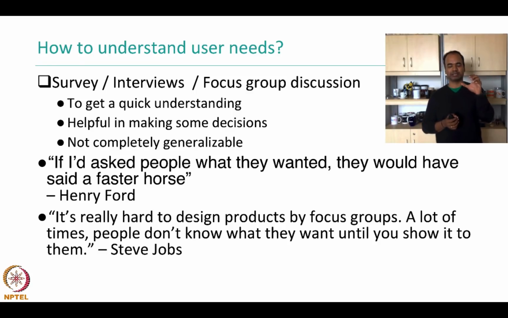Some topics that I will not cover in this course include sampling of subjects. Right, sampling of subjects, which is how do you go find which subjects to study? How do you pick the users? All of that is something I will not talk about in this course.